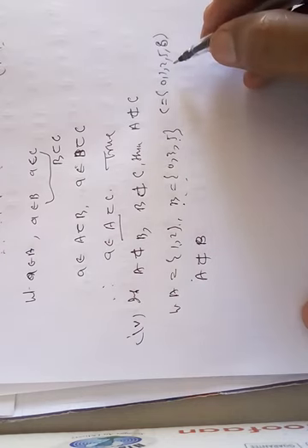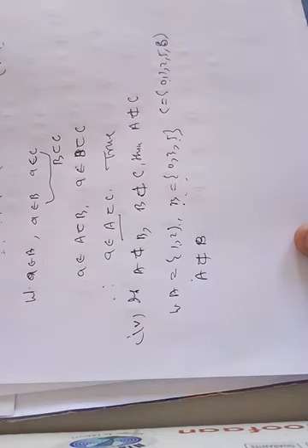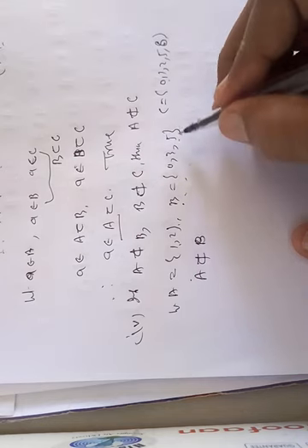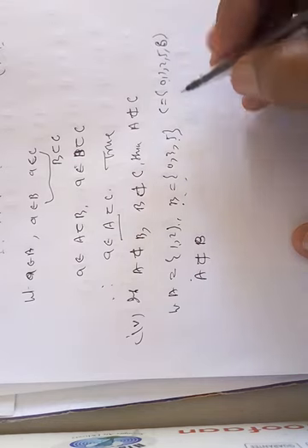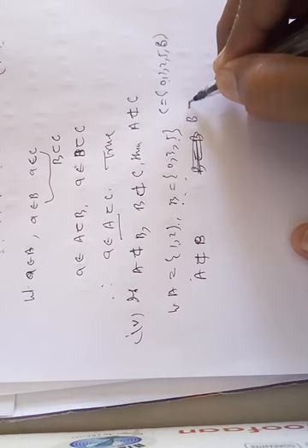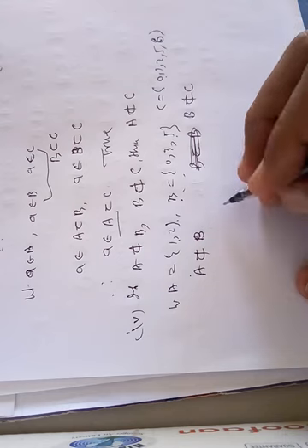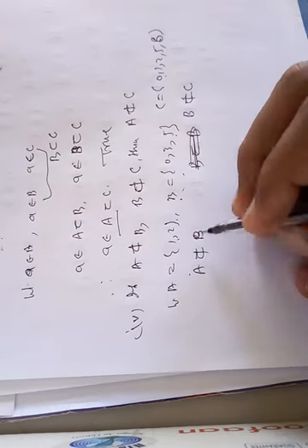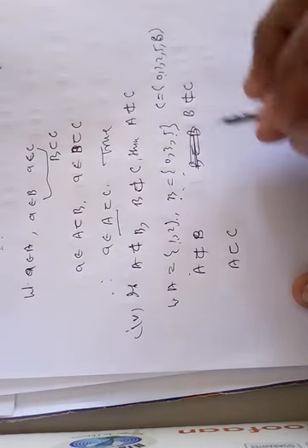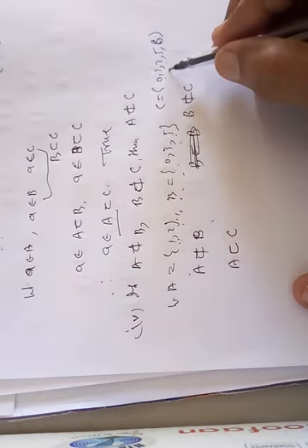B and C: only 0 and 3, so 0 is there, but not all elements of B belong to C, so B is not a subset of C. But A has 1, 2 and C has 1, 2, so A is a subset of C. According to the question, A is not a subset of B and B is not a subset of C, but A and C both have elements 1, 2.